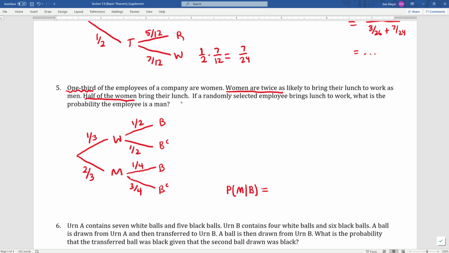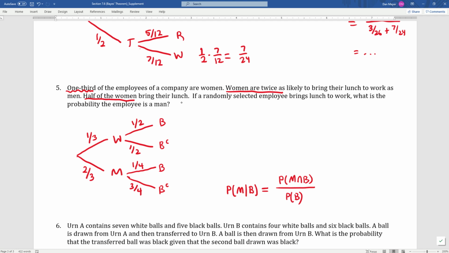Okay, so there's the main part of our tree. Before we fill it in its entirety, let's look and see what pieces we need using our basic conditional probability formula. The probability that our employee is a man given they brought their lunch is the probability that they are a man and brought their lunch, divided by the probability that they brought their lunch. So we're just looking at the people who brought their lunch.